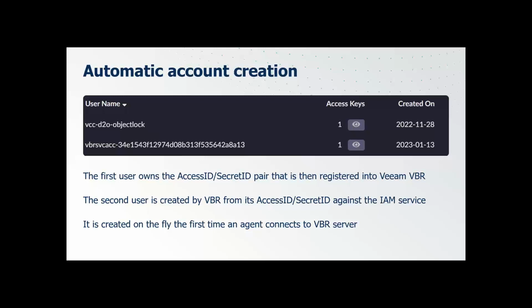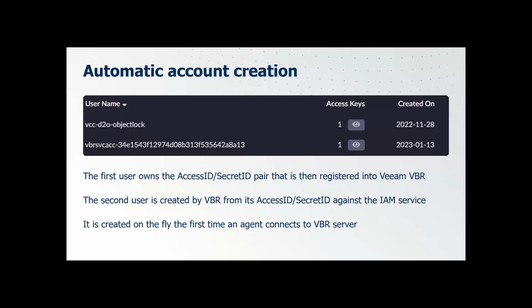The second user is created by VBR using its access ID and secret ID to connect to the IAM service. And the IAM service creates this user the first time the agent has connected to the VBR machine. We didn't create this user. You also recognize, because of the name, that says VBR service account dash a random ID created on the fly.